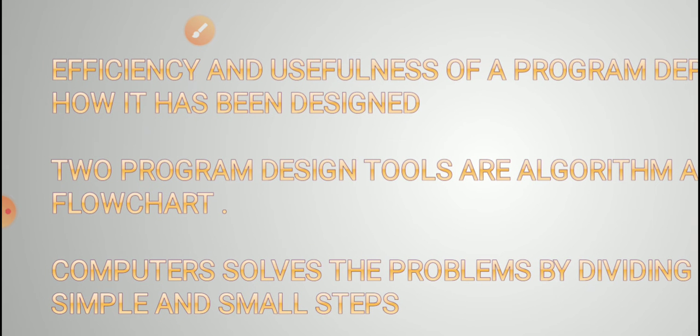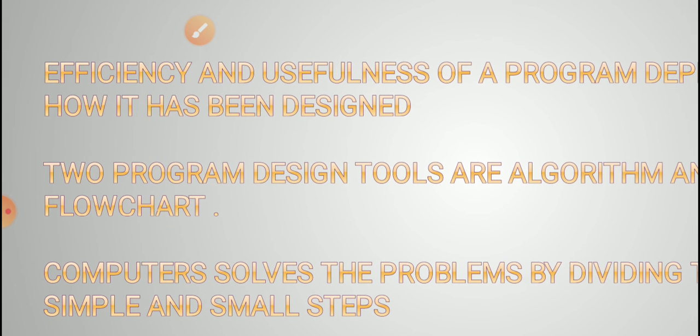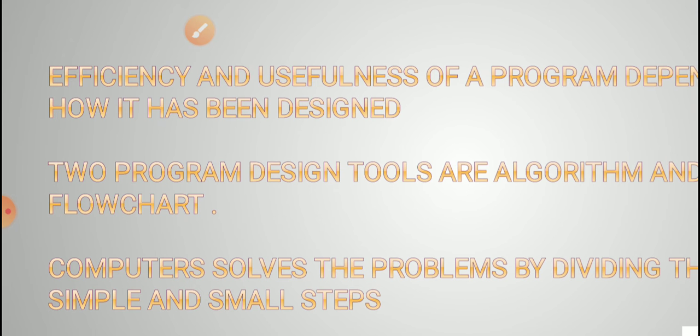Efficiency and usefulness of a program depends a lot on how it has been designed. This chapter will introduce to you two program design tools, that is algorithms and flowcharts.